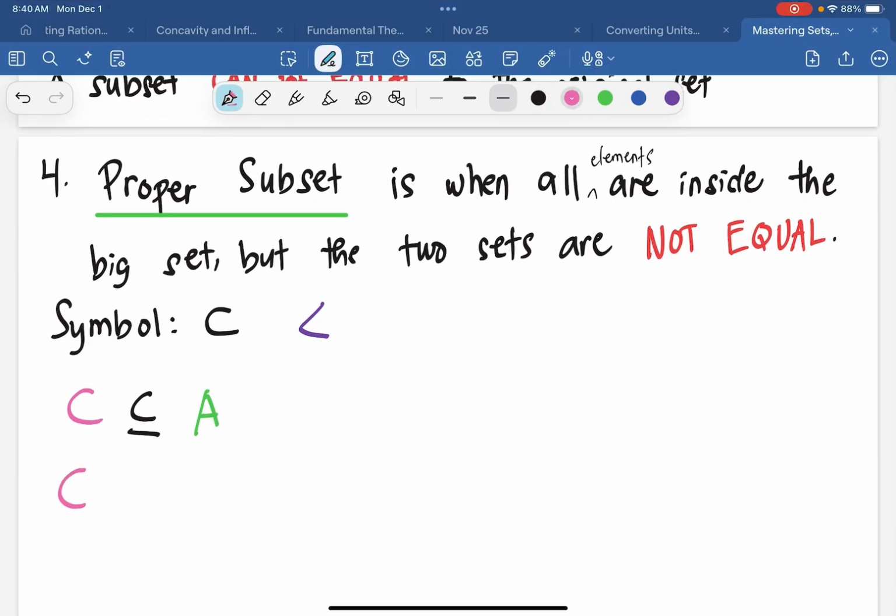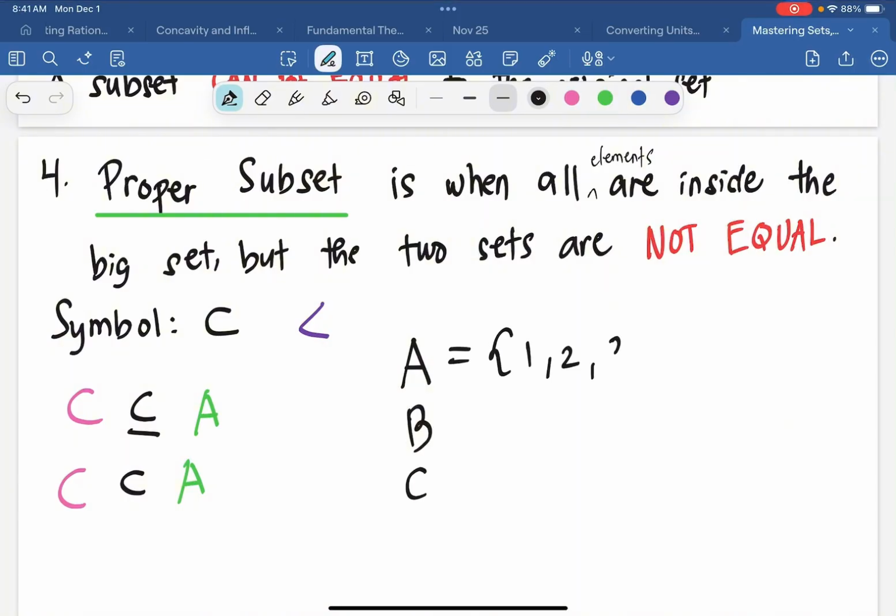It should only have this symbol, which would signify less than. So obviously, based on our previous example for the sets, C is not just a subset, but also a proper subset of A.